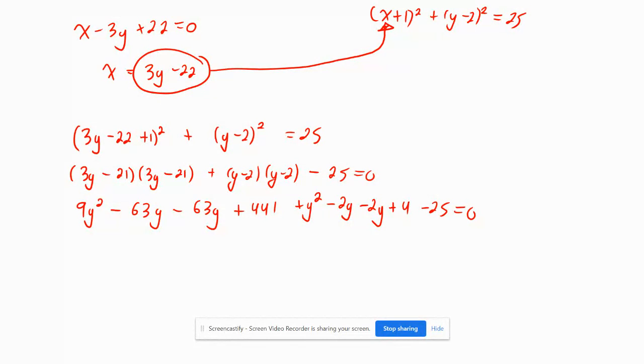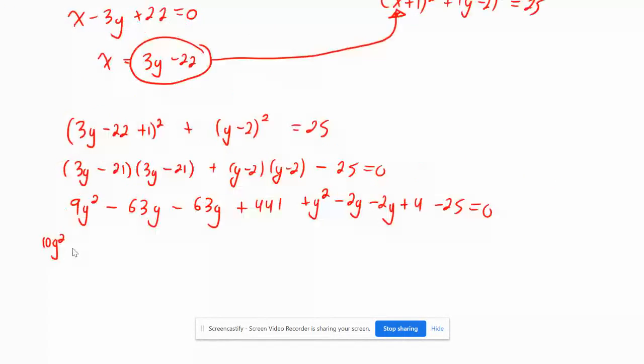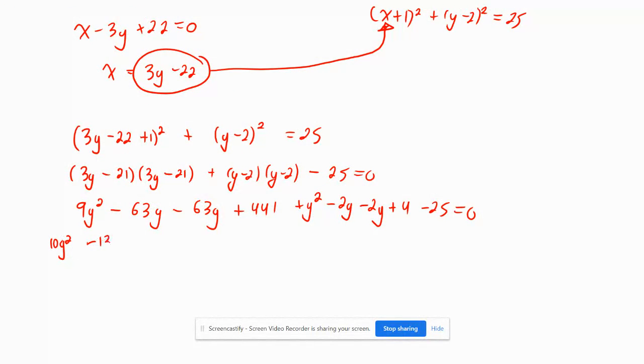So we get 9y squared plus y squared is 10y squared. Negative 63 minus 63 minus 2 is negative 130y. And I have 441 plus 4 minus 25 is 420, equals 0.